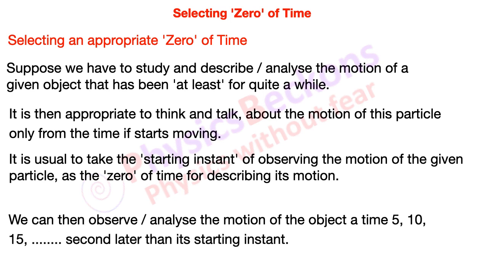We can observe and analyze the motion of the object at a time 5 seconds, 10 seconds, 15 seconds, 16 seconds, 17 seconds, as and how you feel like later than this starting point. So the choice of t equal to 0 is our choice when we start the study of motion. So that is what is selecting an appropriate zero of time.